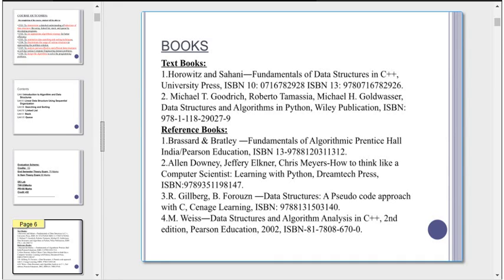If you want to deal more with algorithms, you can use Brassard. The next books depend on whether you want to learn algorithms with C++ or Python; depending on that, you can use any reference book that is mentioned to learn in more detail about data structures and algorithms.